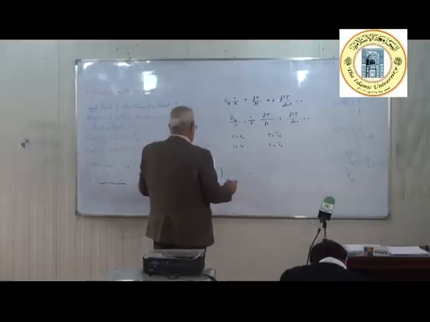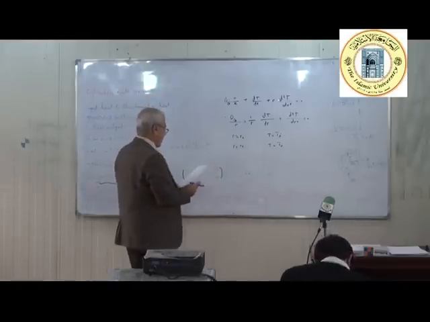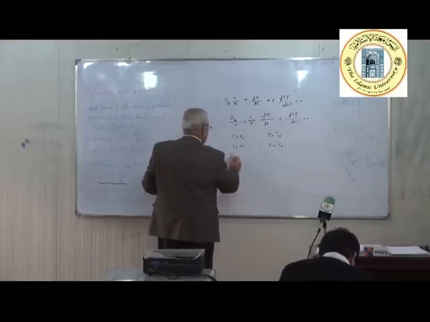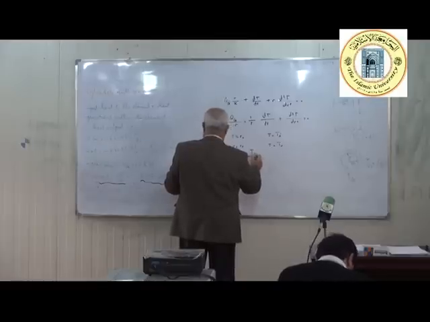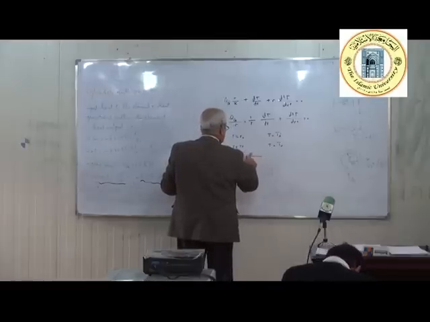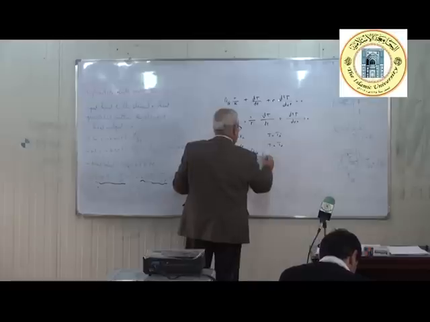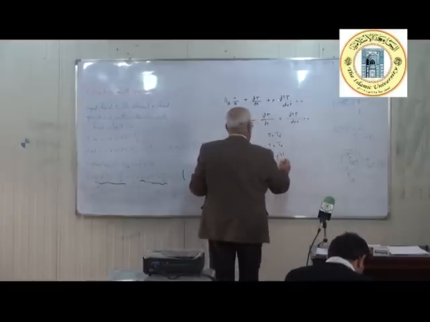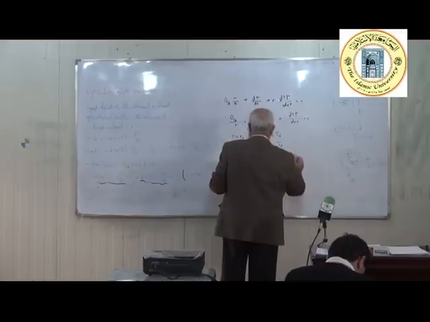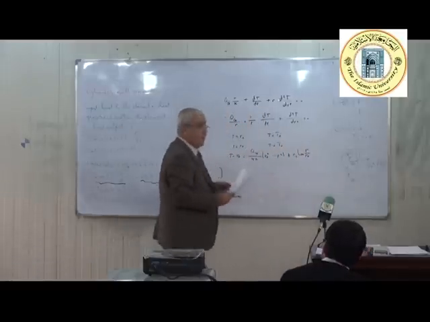Now, from solving this equation, we get T minus T naught equal to Q subscript G divided by 4k, R naught squared minus r squared, plus C1 ln r over R naught.